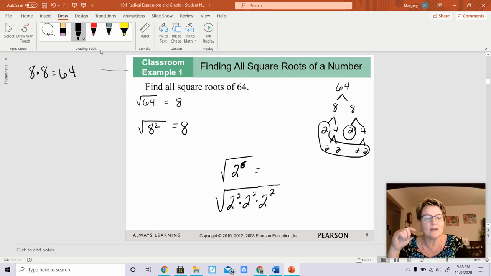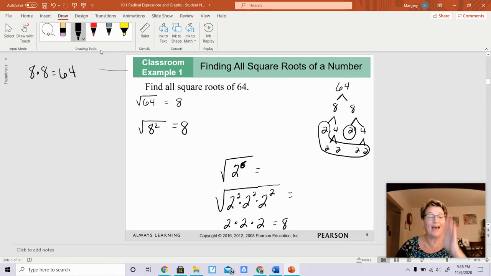Remember, if you're square rooting something that is squared, whatever's being squared comes out. So the square root of 2 squared is 2, three times. 2 times 2 is 4, 4 times 2 is 8. So that is just another way to break this down if you wanted to.